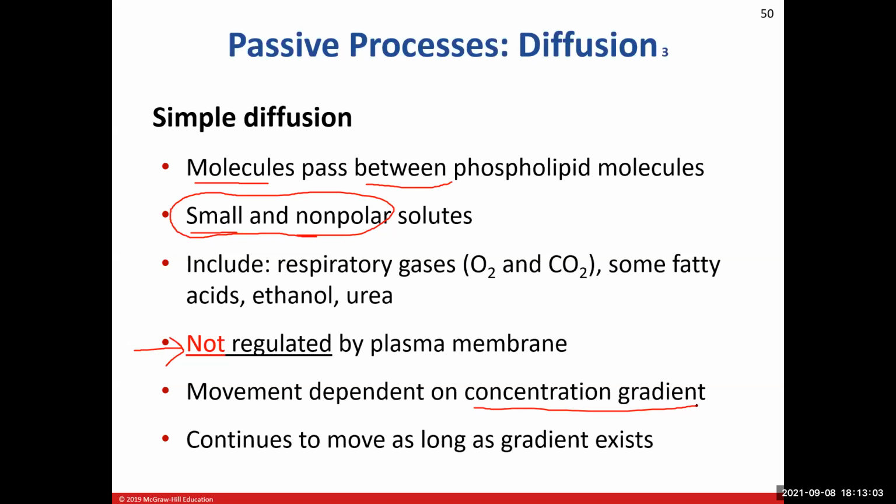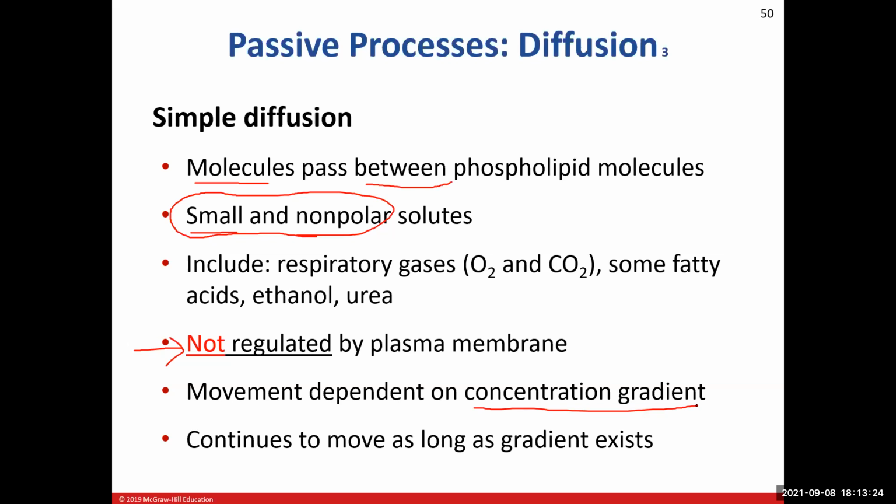Also, if we have a steeper concentration gradient or a bigger difference, meaning if you have 100 of one molecule outside the cell and then one of that molecule on the inside of the cell, the difference is 99. And so you'll have a pretty fast rate of diffusion.